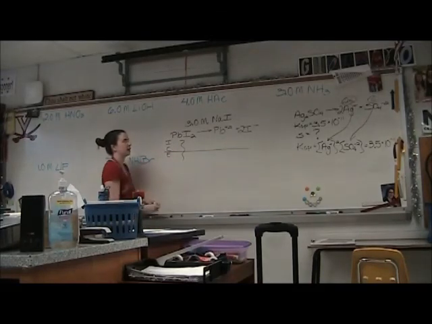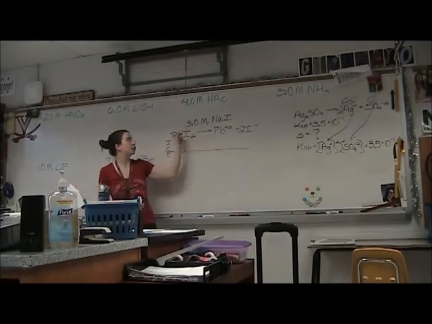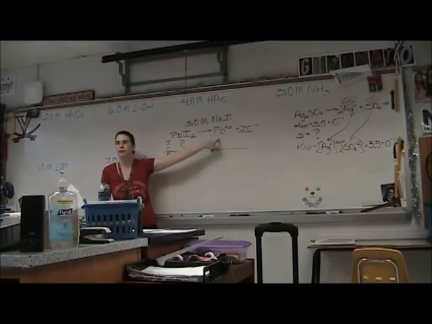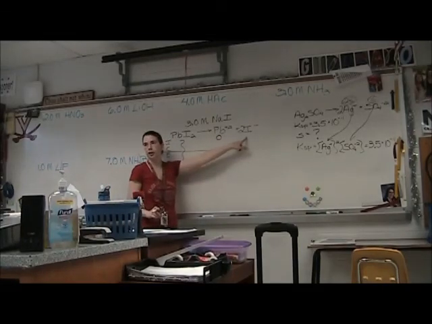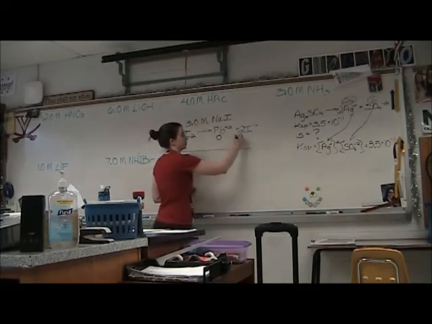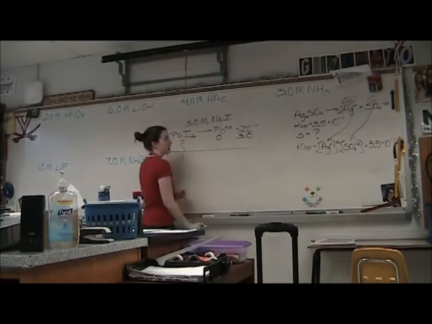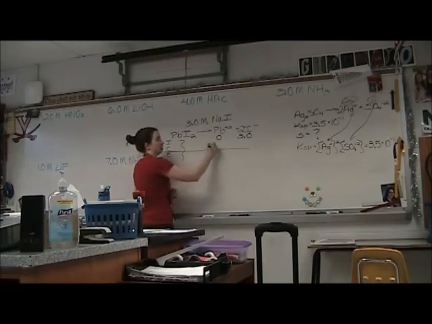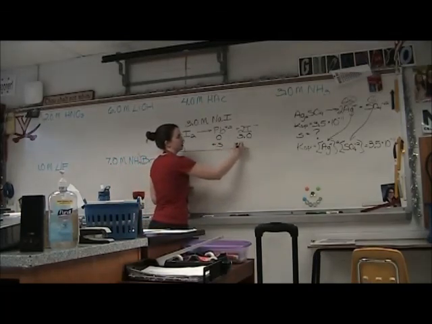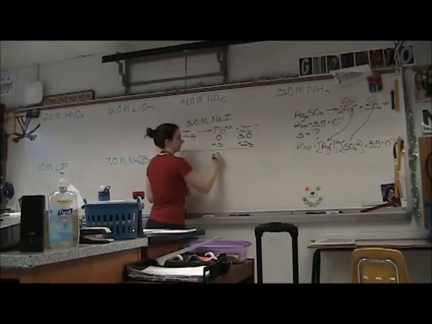Before you put this solid in the beaker, is there any lead ion floating around in it? No. Is there any iodide ion floating in it? Yes, 3 molar. What would you put here? Plus S, plus 2S.